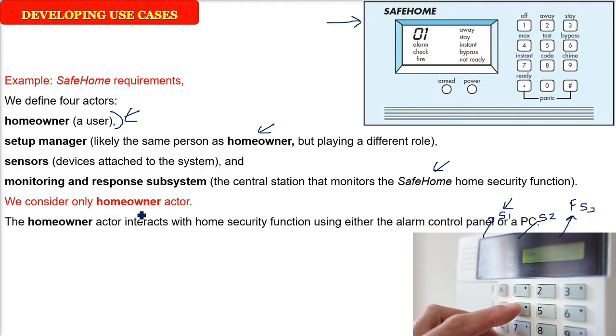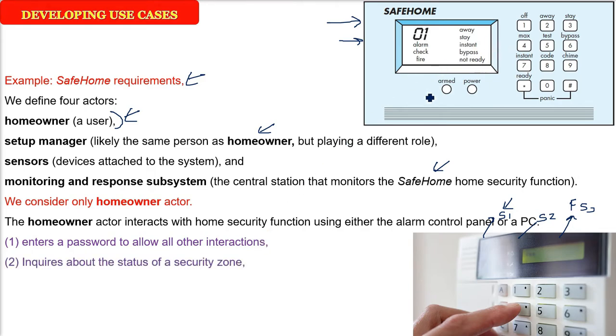So we will consider the homeowner actor. How is this homeowner going to interact with this particular system, or the software which is there in the system? There is only one way he can interact, that is through the control panel. Like the mobile, we have a screen here and some keyboard. He will enter a password.